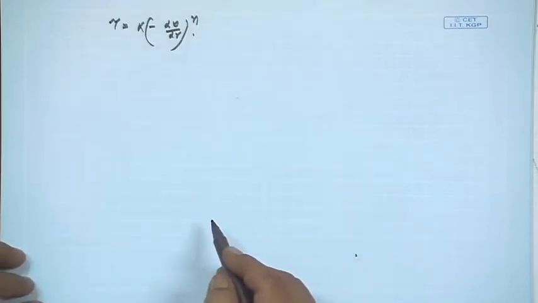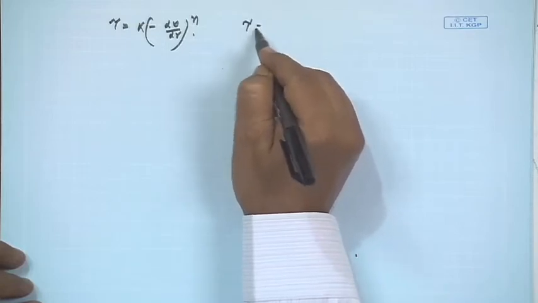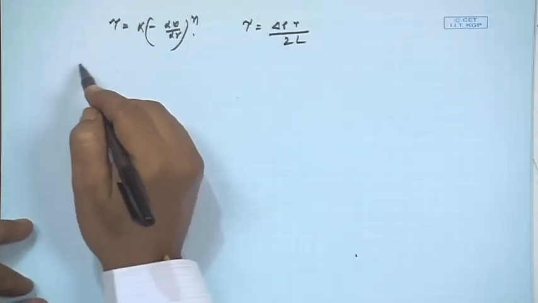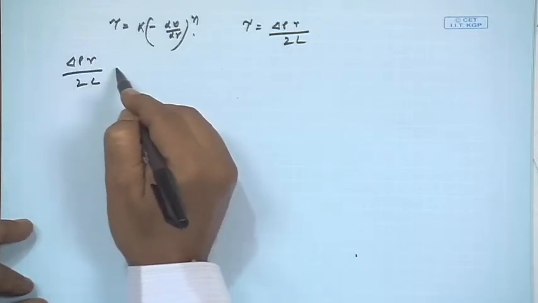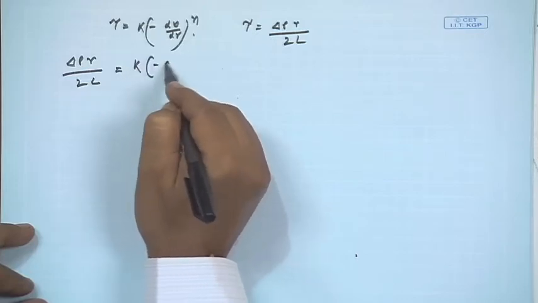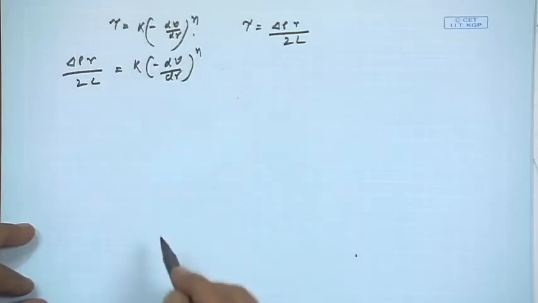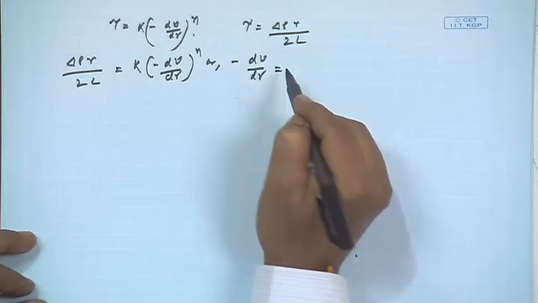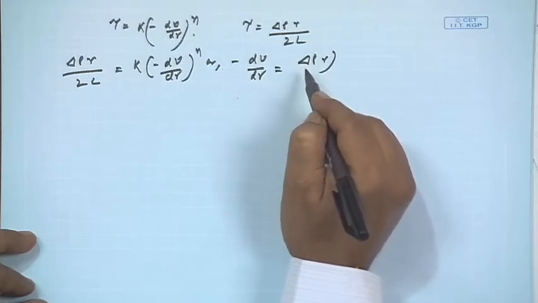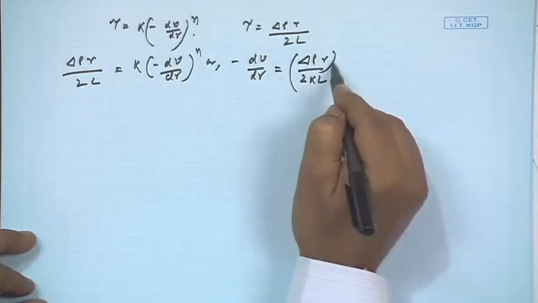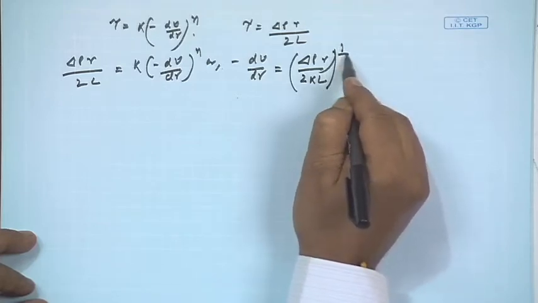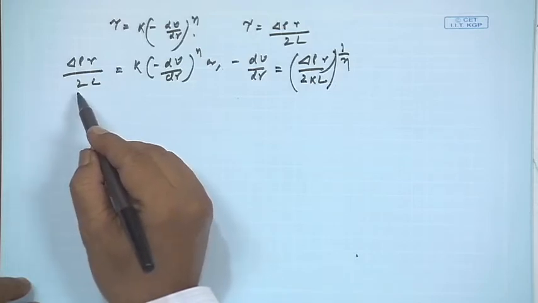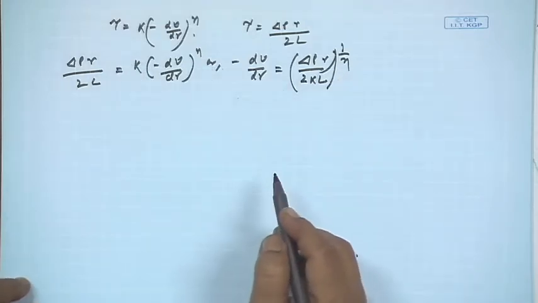If we substitute this value into the relation tau is equal to delta P r by 2 L, then we can write delta P r by 2 L is equal to k times minus dV/dr to the power n, or we can write minus dV/dr is equal to (delta P r by 2 k L) whole to the power 1 by n, right.